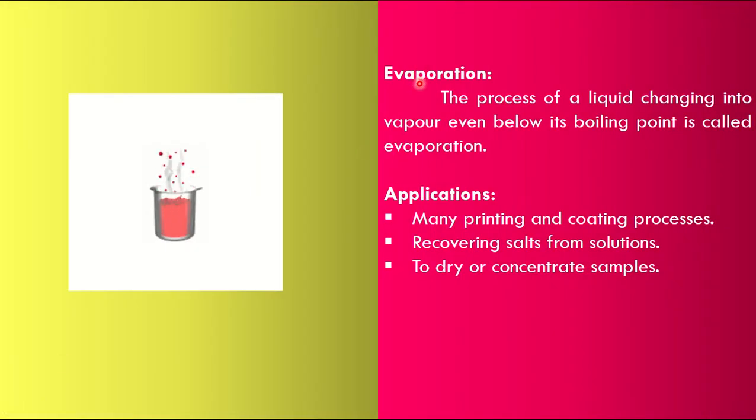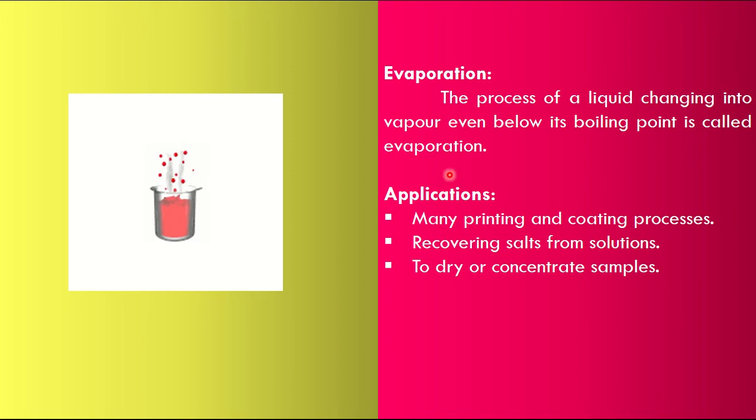The next separation process is evaporation. Evaporation is a process of a liquid changing into vapor. So it is a simple process where the liquid is converting into vapor. Below its boiling point we are heating the liquid.